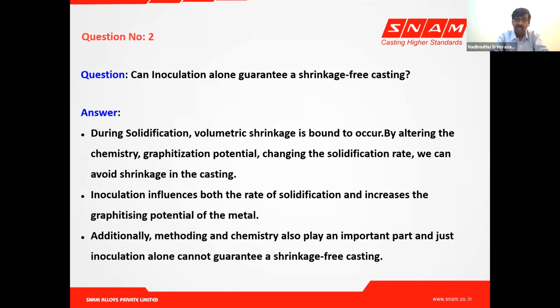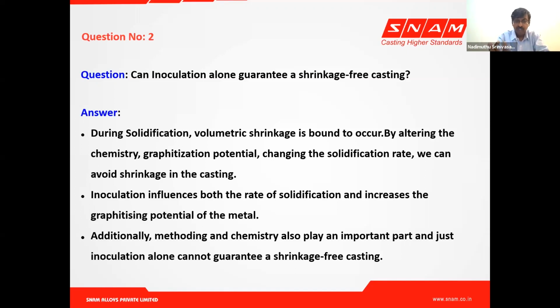And how does it increase the graphitization potential? By improving the nucleation sites. With more nucleation sites, there are a lot of areas where graphite is going to expand, and the volumetric shrinkage that is distributed throughout is compensated by the graphite expansion, providing a shrinkage-free casting.